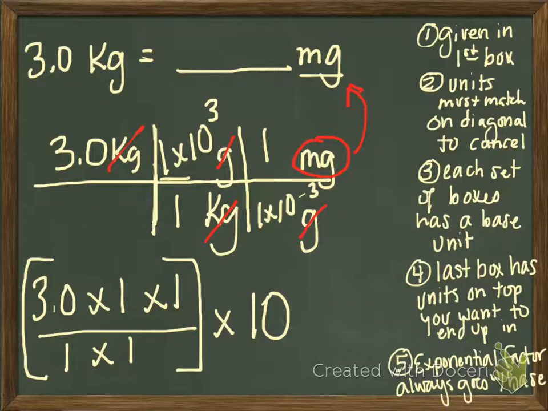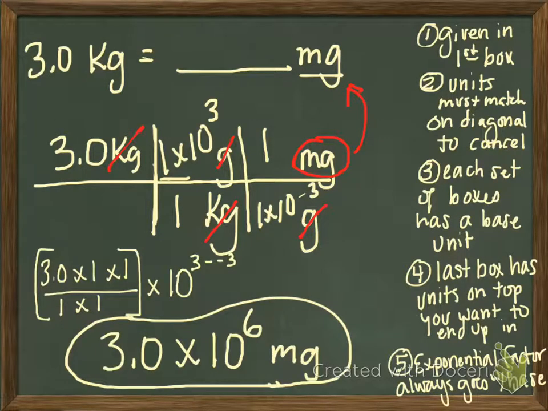So that whole mess times 10 to the 3 minus a negative 3. Well, that's 3 plus 3. So what's our final answer? 3.0 times 10 to the 6th milligrams. So 3 kilograms equals 3.0 times 10 to the 6th milligrams.